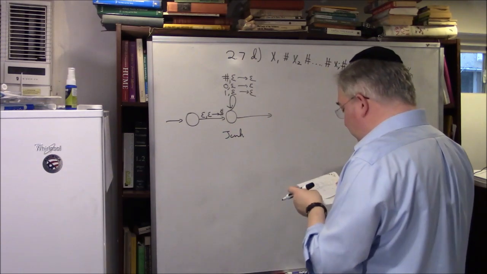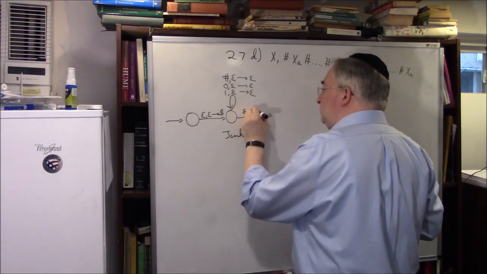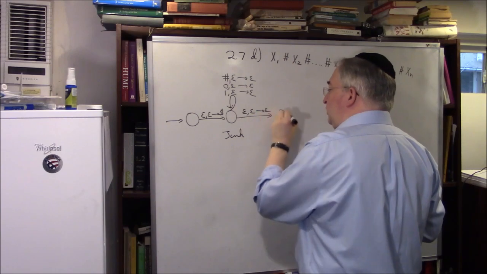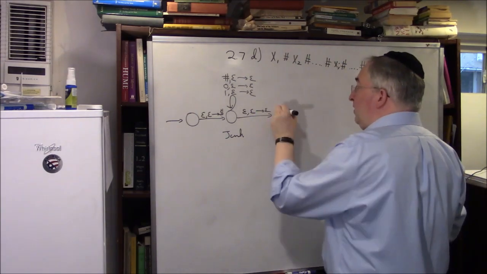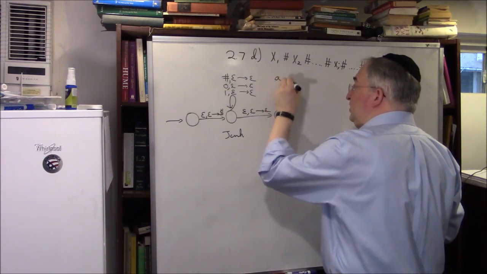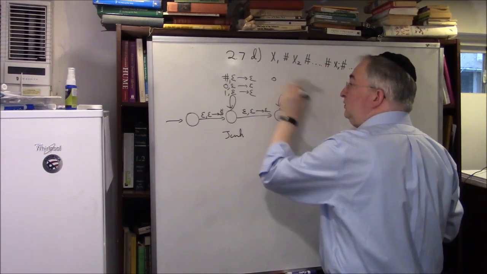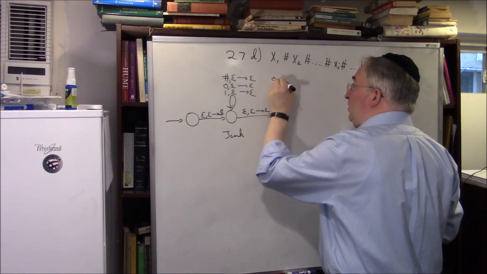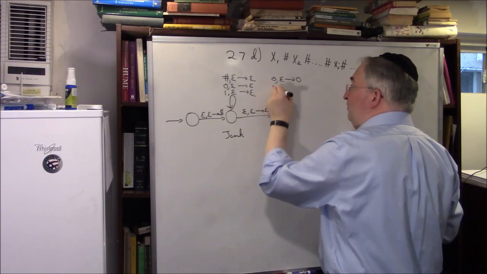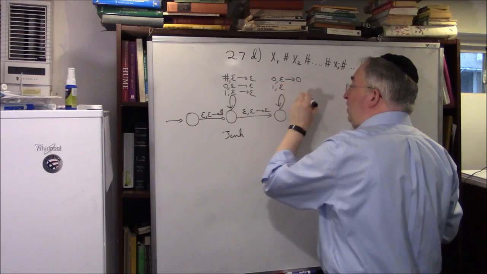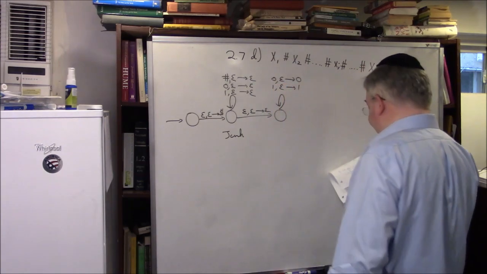At some point, you're going to go to the next stage. What's the next stage? The next stage says, if I have a 0, don't pop, push in the 0. If I have a 1, don't pop, push in the 1.